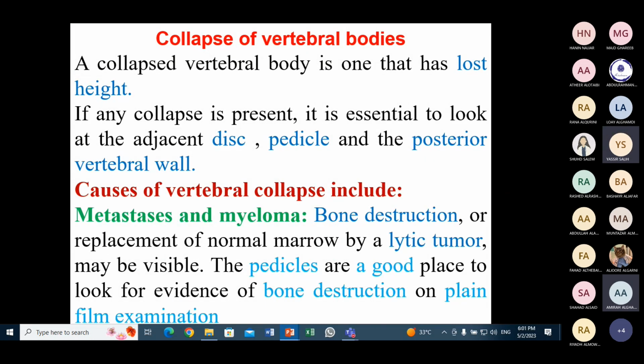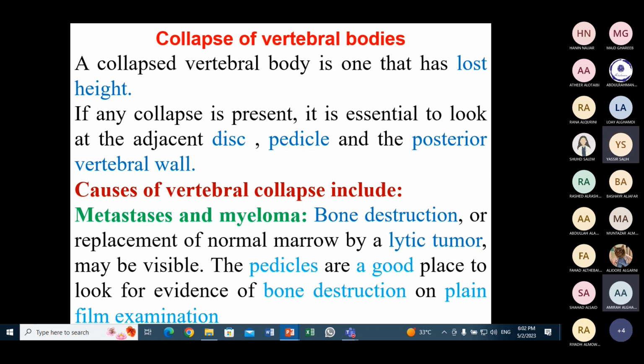Now let's talk about collapse of vertebral body. What does collapse mean? Collapsed vertebral body is when there is a decrease of the height of the vertebral body. When there is a loss of height of the vertebral body, it is called collapsed vertebral body.